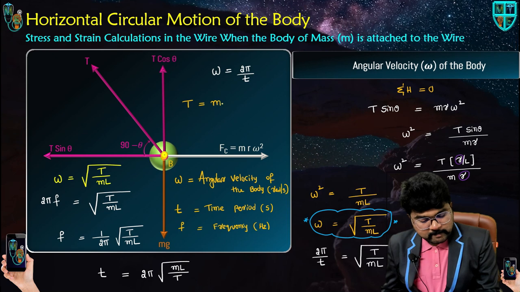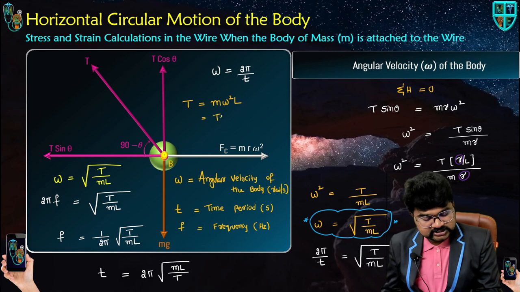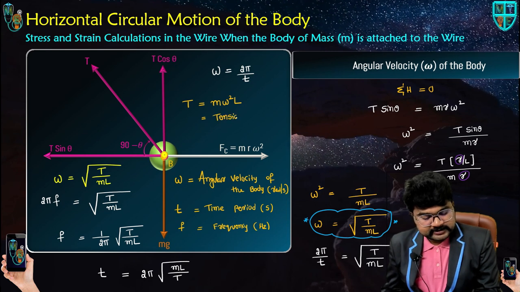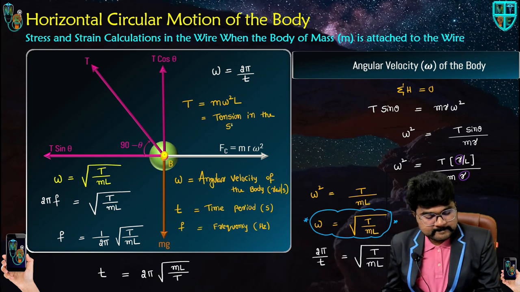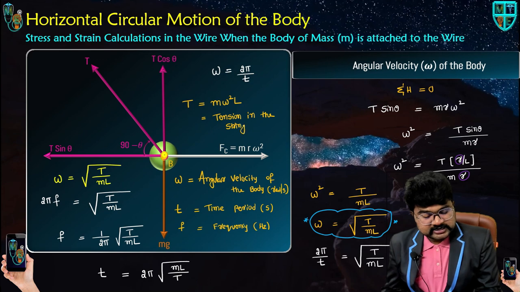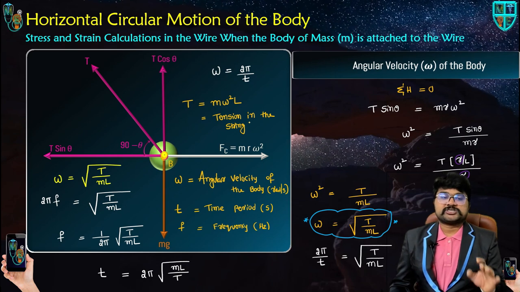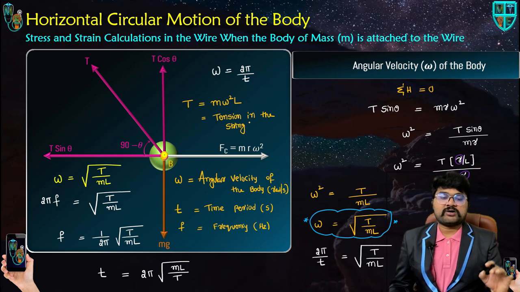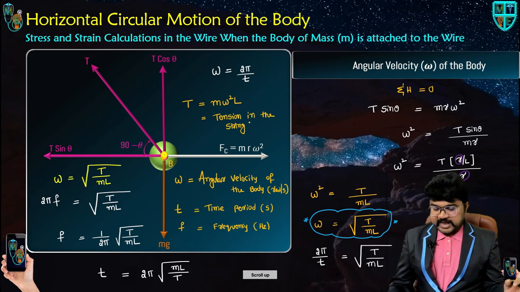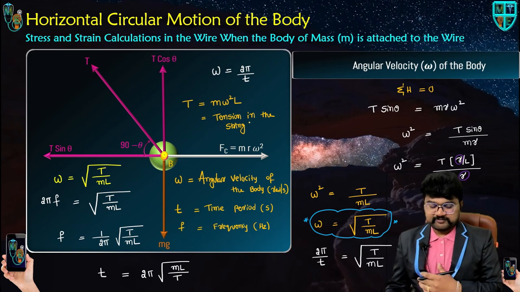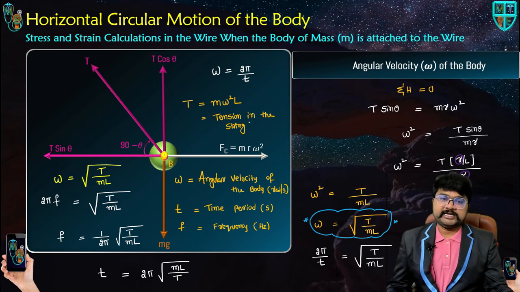M omega square L. Tension in the string equals m omega square L. Angular velocity of the body equals square root of T by mL. This is the free body diagram for the body. Small t equals 2 pi square root of mL by T.